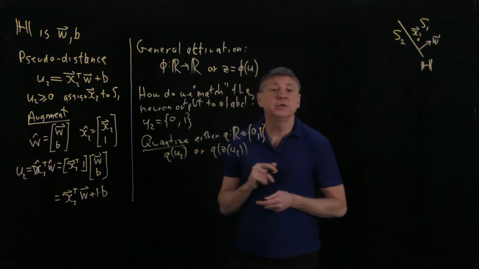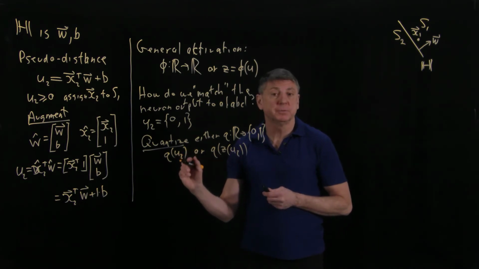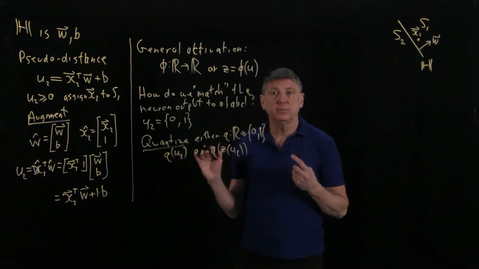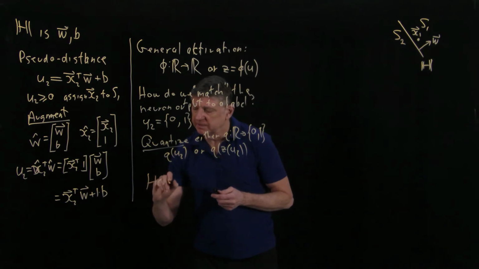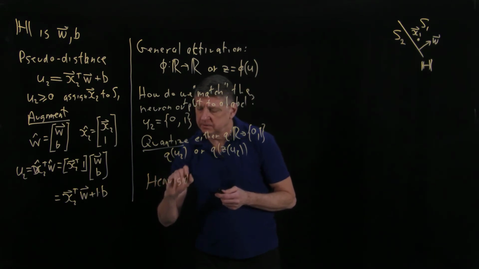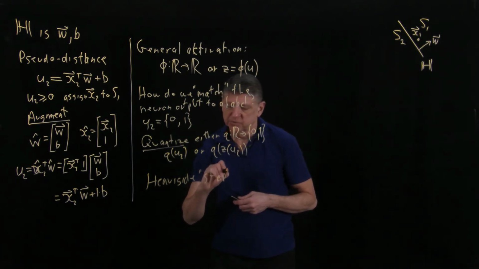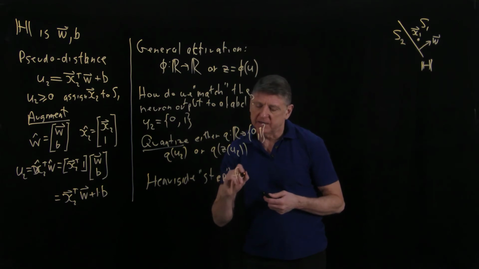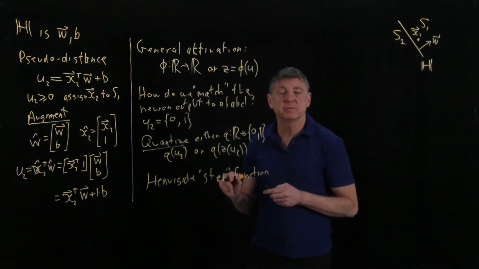We can do either. In our simple model, we'll just quantize the score. The way that we usually quantize the score is to use the Heaviside step function. This is usually called either the Heaviside function or the step function.